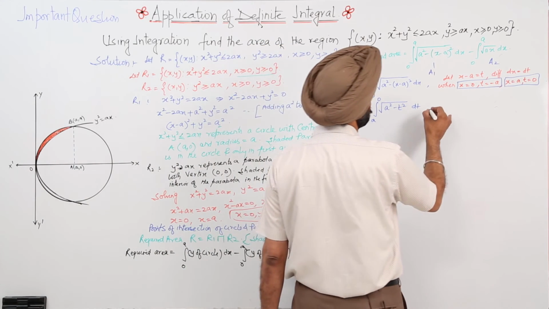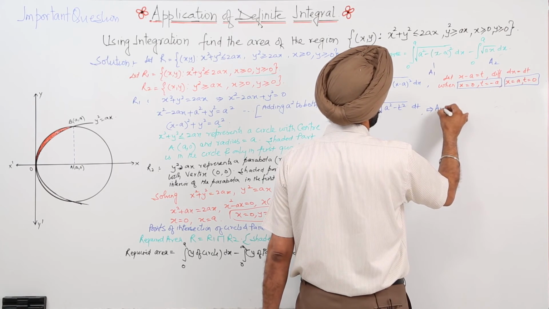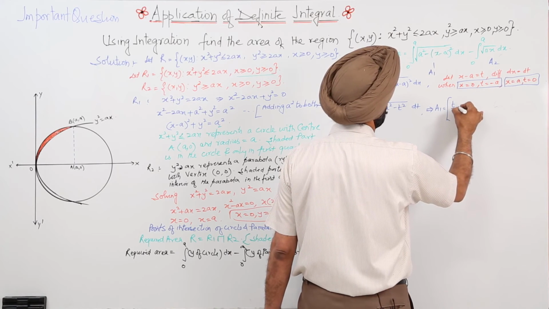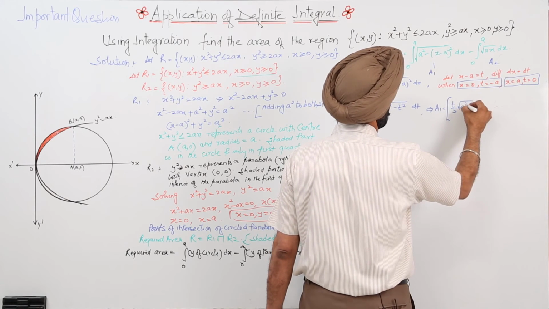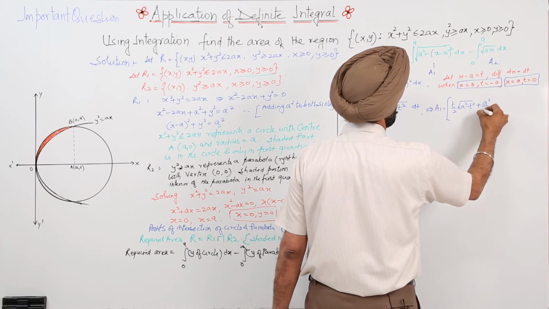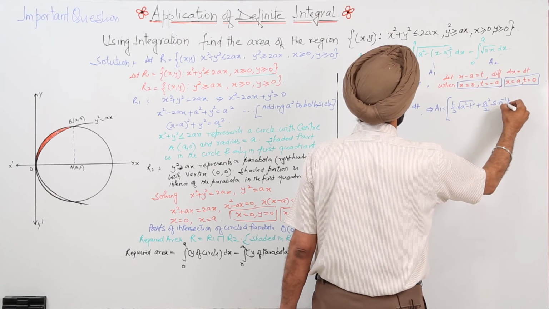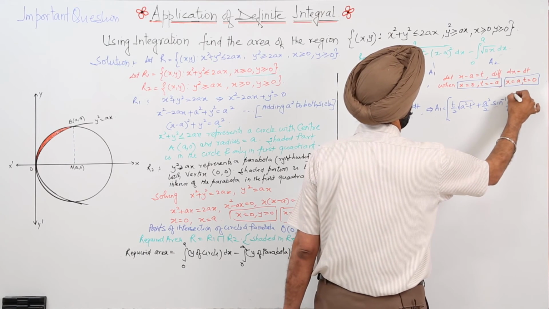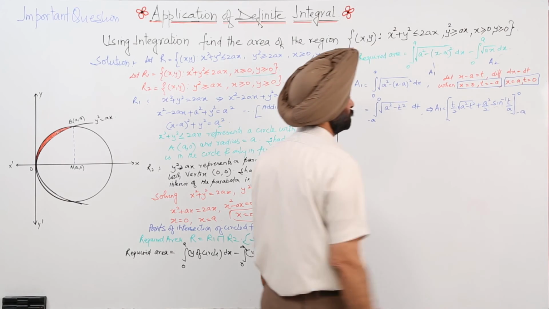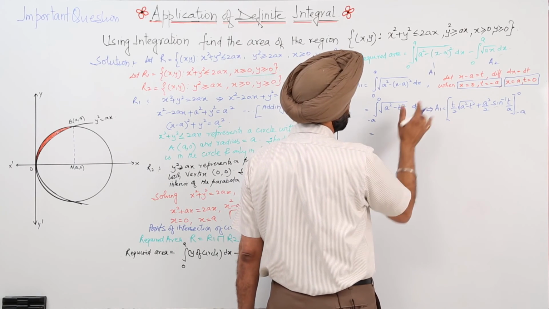Now using the formula, A1 = [t/2 √(a² − t²) + (a²/2) sin⁻¹(t/a)] from −a to 0.